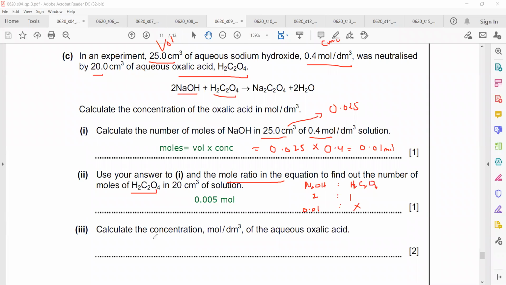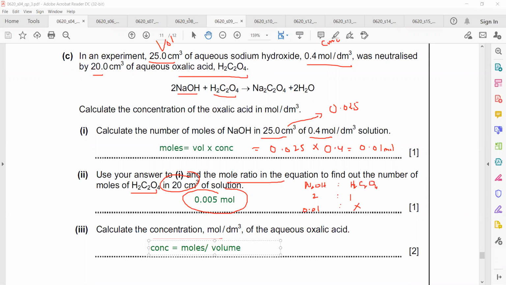Then the last part, we need the concentration. So we have the moles and we have the volume. How to find the concentration if we have both? Again the same formula which we used in the first part: the concentration of the solution is equal to moles divided by volume.